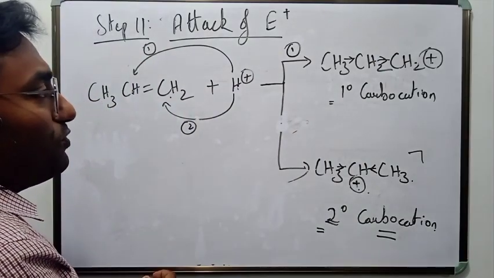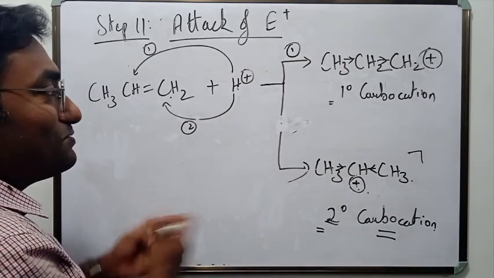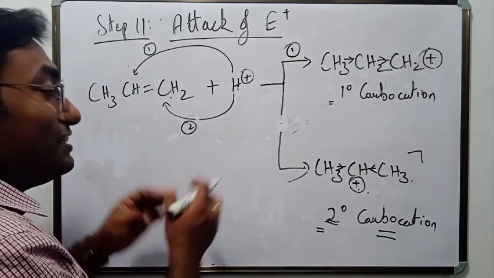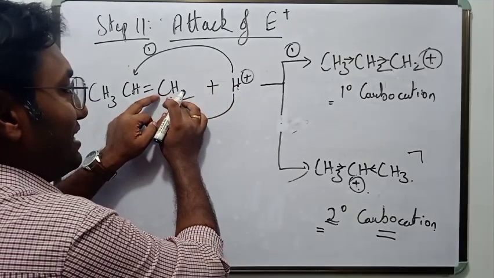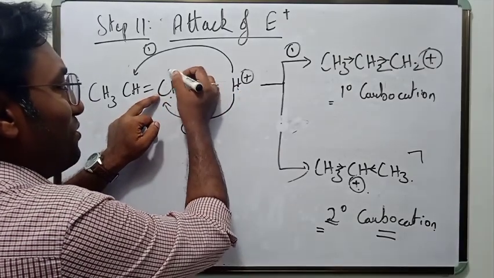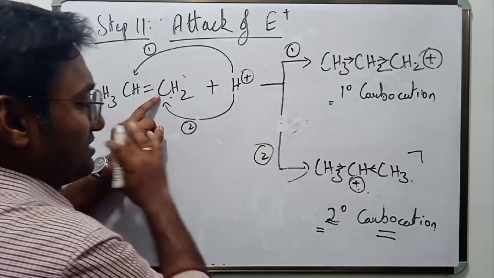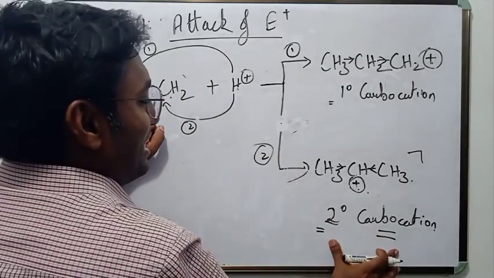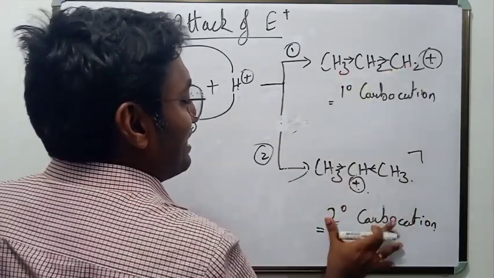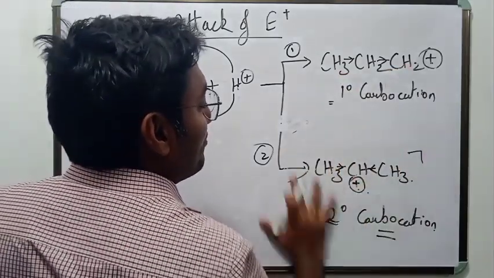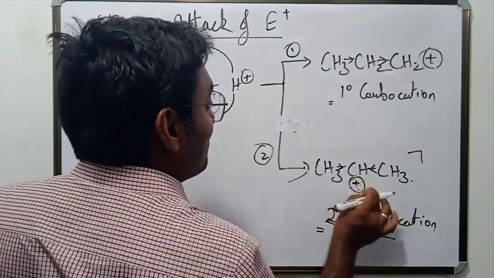And therefore, here we got the answer already. It is of surprise. We got the answer, and therefore H would attack the carbon atom which already has a higher number of hydrogen atoms. Case number 2 occurs. Why? Because secondary carbocation is more stable than the primary carbocation. The secondary carbocation's formation is favored. Okay, and how will the secondary carbocation be formed?